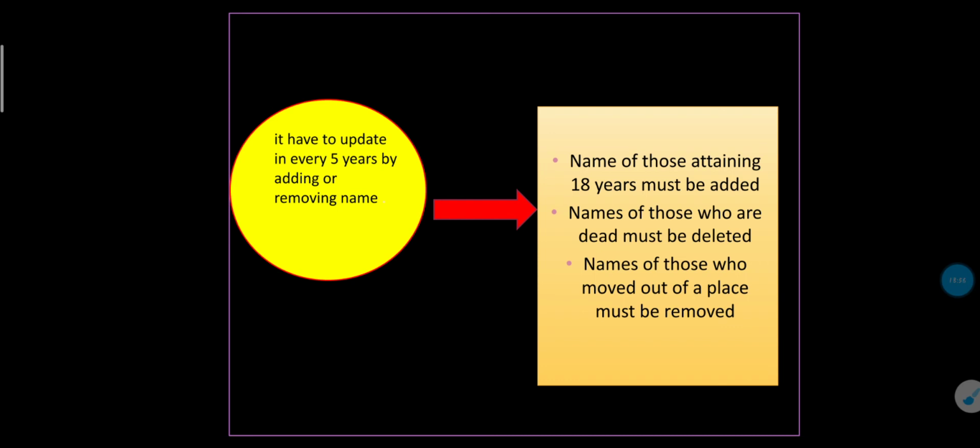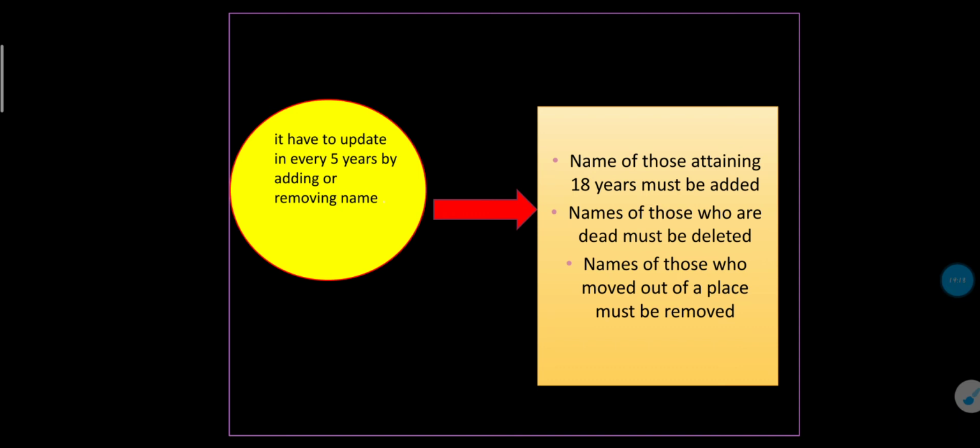So it has to be updated every 5 years, because every 5 years the general election is conducted. For that reason the Election Commission has to update it by adding or removing names. So why are they updating it, and what are they doing by updating this voter list?